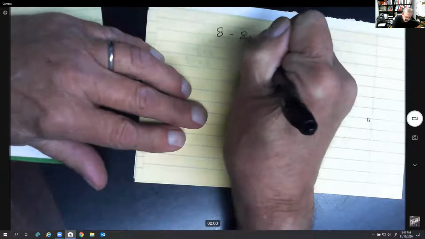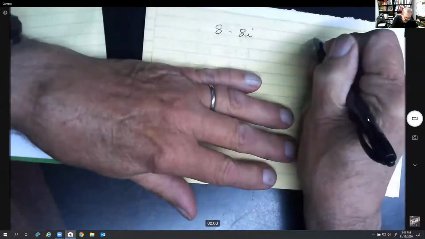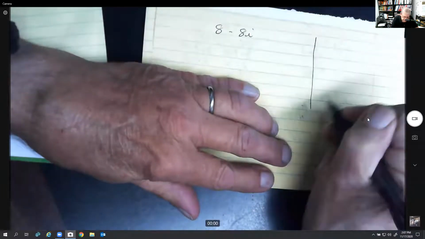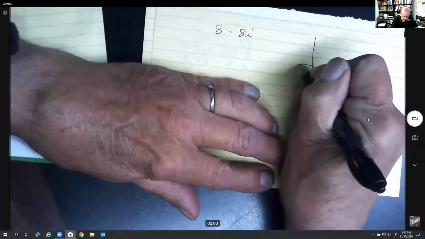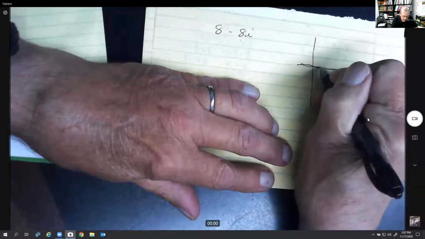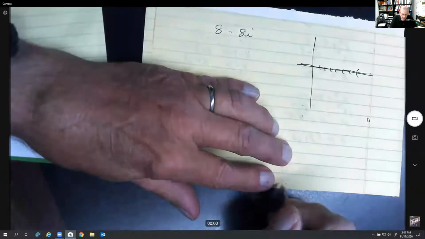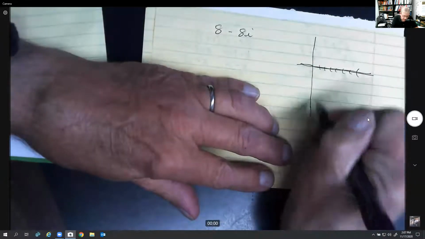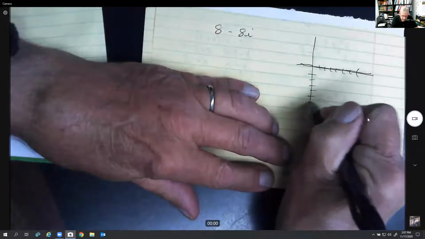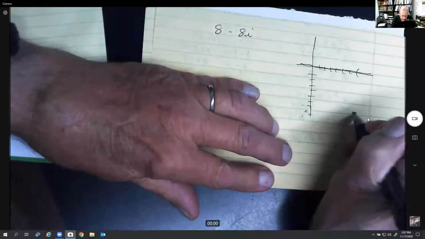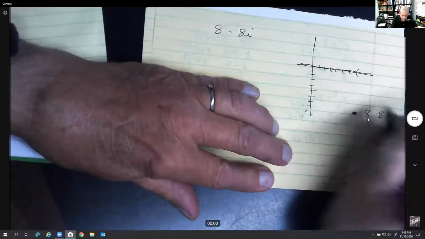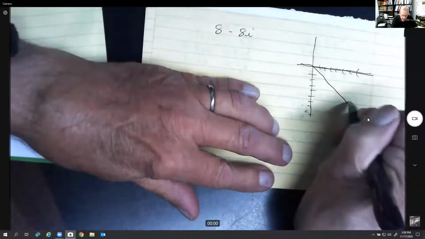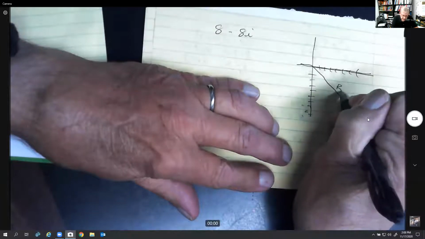Okay, let's see what the sketch would be. 8, well, in this case, we're going in a positive direction. Okay, 8 units, and we're going down 8 units. So we're down here someplace. 8 minus 8i. This right here is going to be our radius.